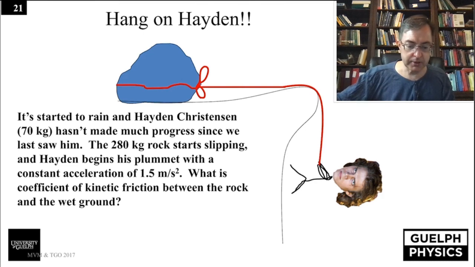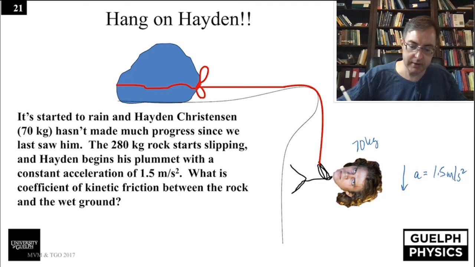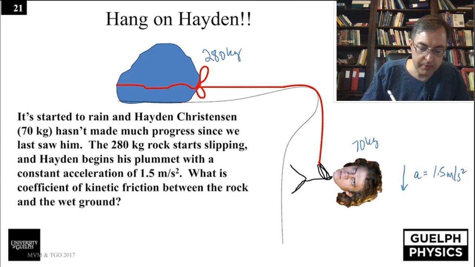And Hayden begins his plummet at a constant acceleration now of 1.5 meters per second squared. Okay, so again, Hayden 70 kilograms and the rock is 280 kilograms. What is the coefficient of kinetic friction between the rock and the wet ground?